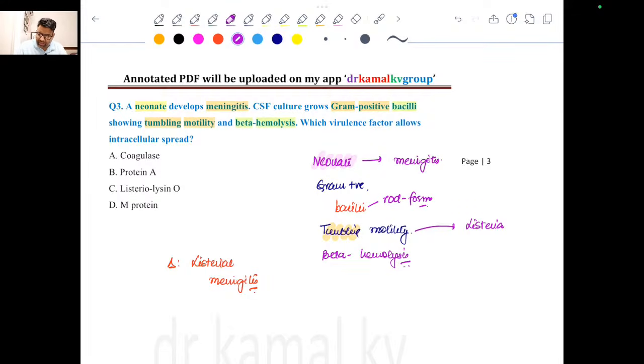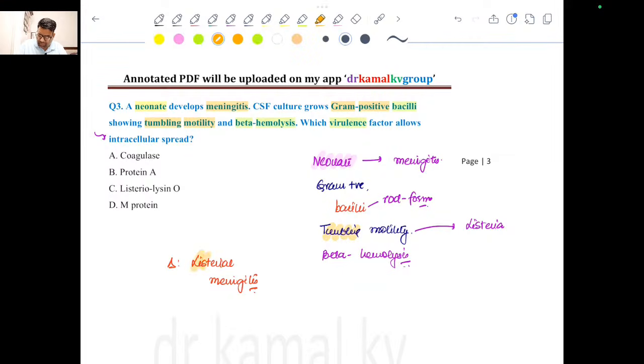Now, the question is, which virulence factor allows for intracellular spread? So, the question is about the virulence factor which is allowing intracellular spread. Now, I think the answer is pretty obvious.